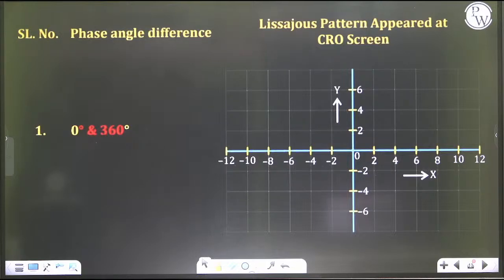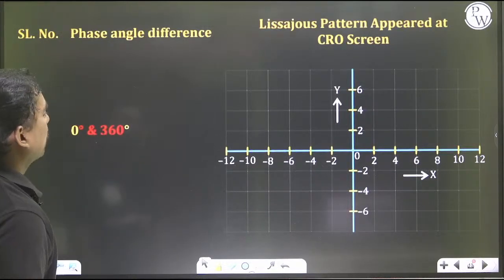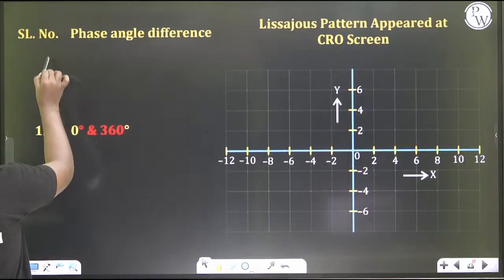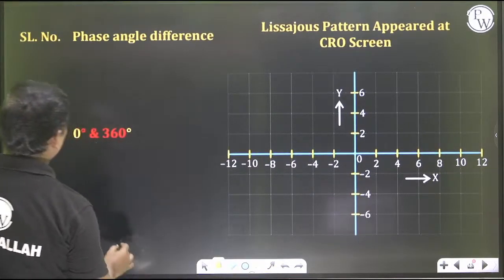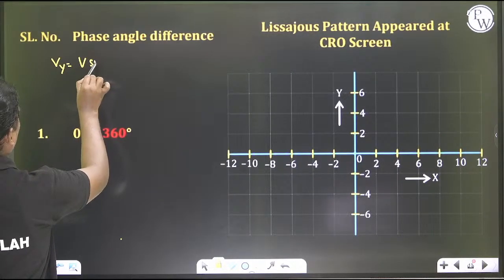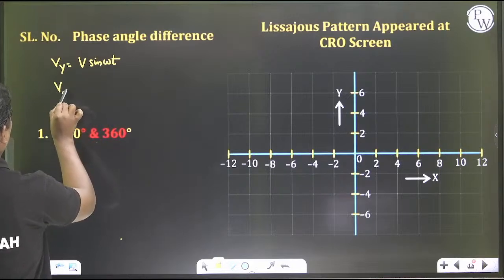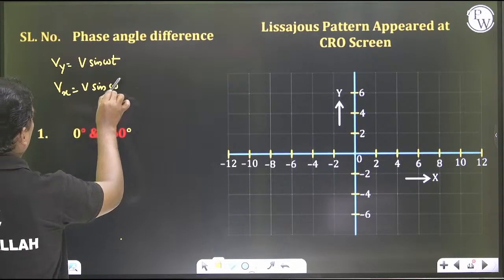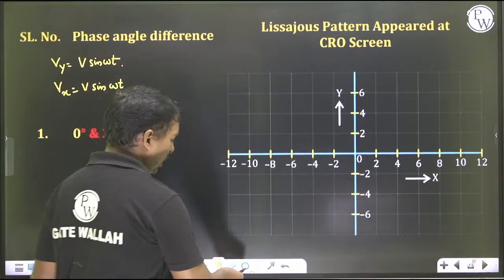So now we will start the Lissajous pattern. See here, the phase difference is between the vertical deflection plates and the horizontal. Suppose I am applying to the vertical deflection plate Vy equal to Vm sin omega t, and for the horizontal deflection plate also we are applying sin omega t. If the phase difference between the two is 0 degrees, then we are going to get a straight line.